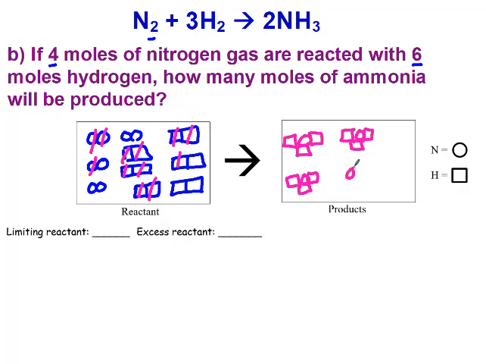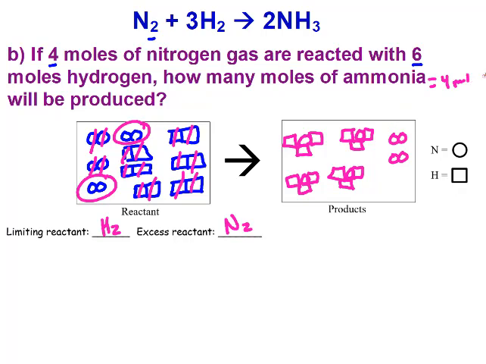I can keep going. So in this case, I still have nitrogen left over. So my limiting reactant was hydrogen again, and my excess is still nitrogen. So to answer the question, I can produce 4 moles of ammonia.